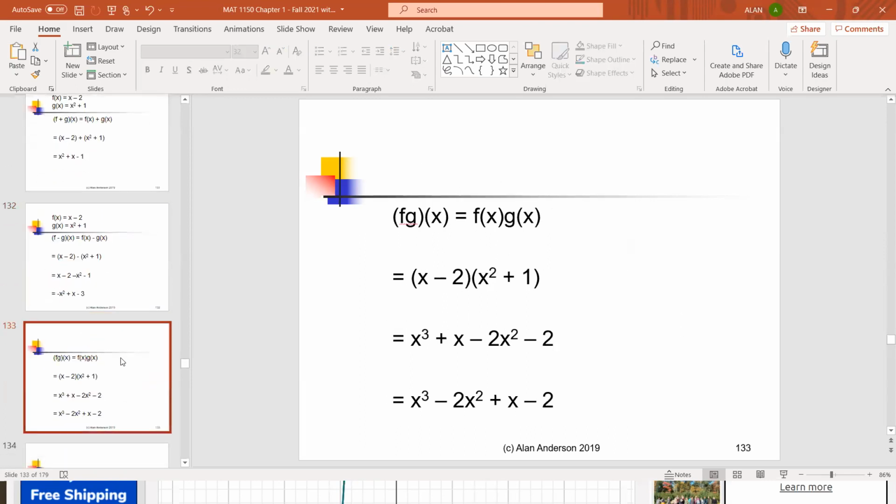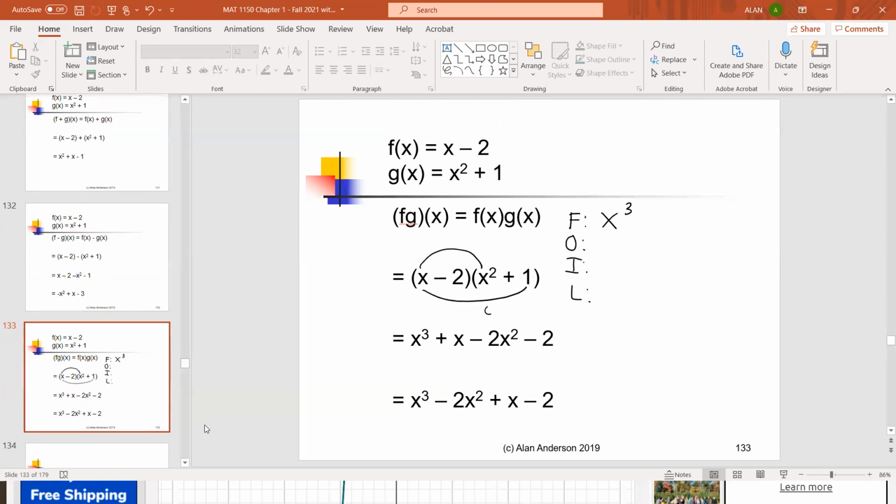Now, how about multiplication? Well, it's not that hard, but this time we got kind of lucky. We were able to use FOIL. In fact, why don't I pencil in these FOIL results just so you can make sure you get it. F is x cubed.